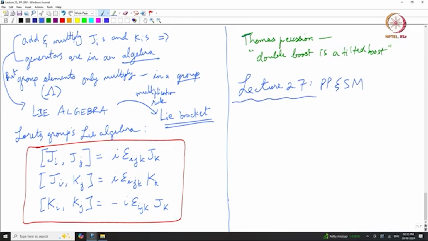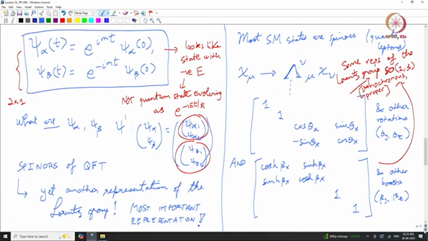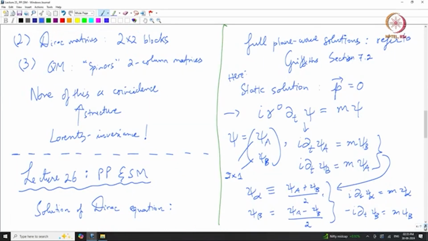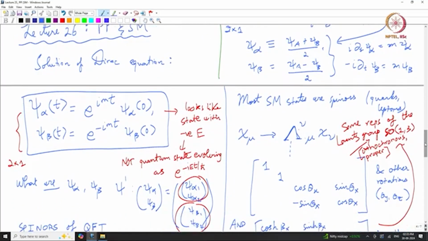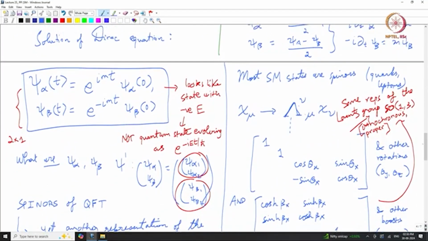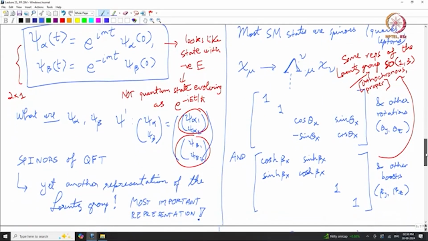And last time we wanted to understand a statement that I had made a couple of lectures ago, that spinors in quantum field theory are nothing but yet another representation of the Lorentz group. And on the way to seeing that, we first solved the Dirac equation and found that you could write the propagating degrees of freedom in terms of these two spinors that can be represented as 2 cross 1 column matrices, correct?